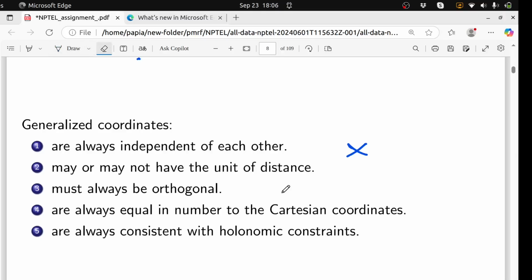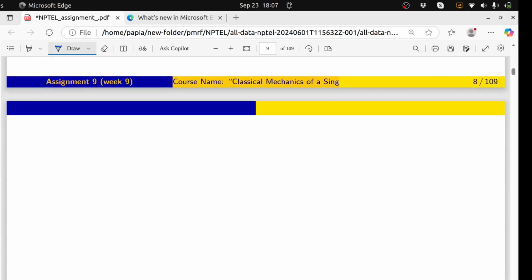Generalized coordinates are always independent of each other, that is correct. May or may not have the unit of distance, that is also correct. Must always be orthogonal, no, this is not correct. Are always equal in number to the Cartesian coordinates, that is not correct. Are always consistent with holonomic constraints, that is correct.